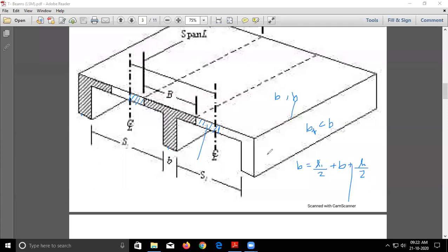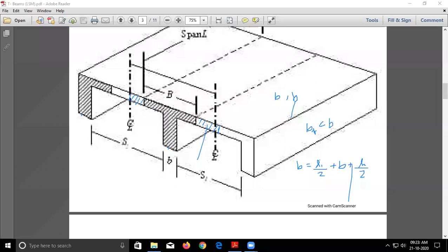Okay, so now this effective width of the flange, as I have already told you, is always less than the actual width. So now why are we taking this less than the actual width? Consider this portion. Suppose we are taking the width of the flange till here.